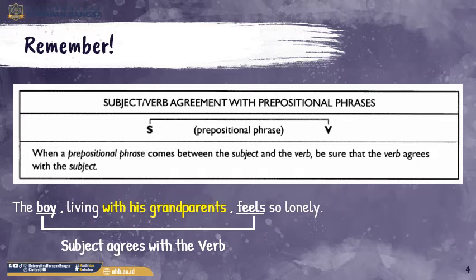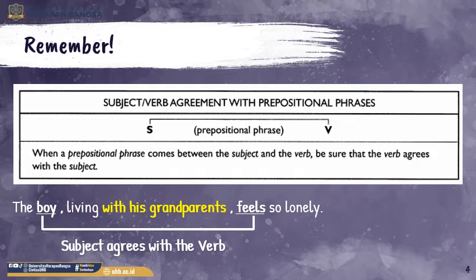So please remember, subject or verb agreement with prepositional phrases. If you have a subject and then followed by prepositional phrase, remember, prepositional phrase is not important. Okay, everything started with preposition is not important.